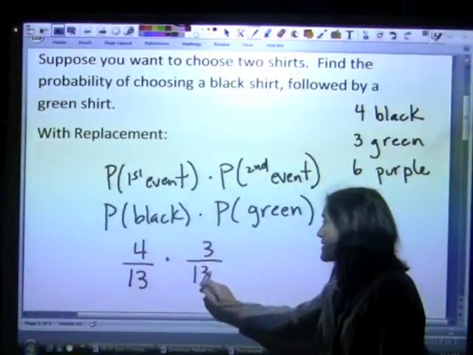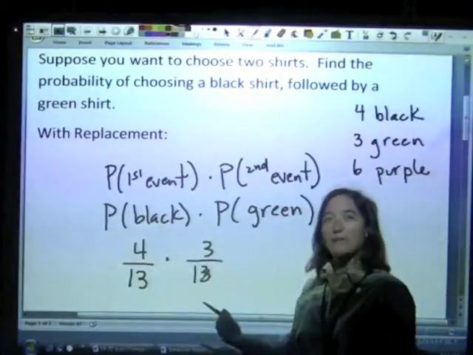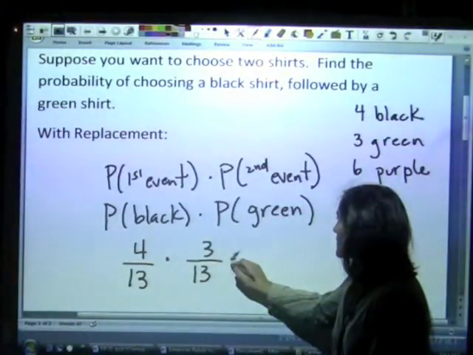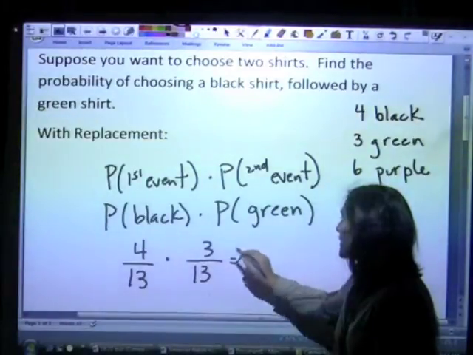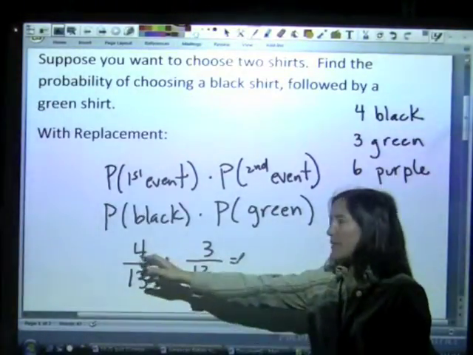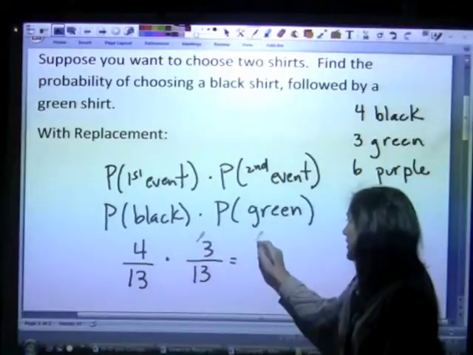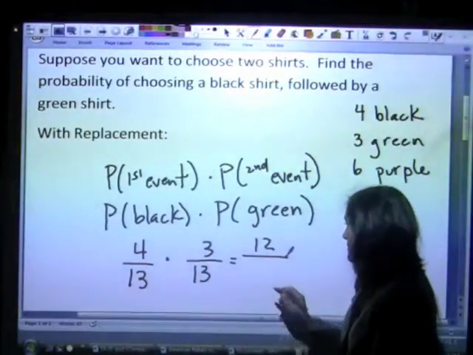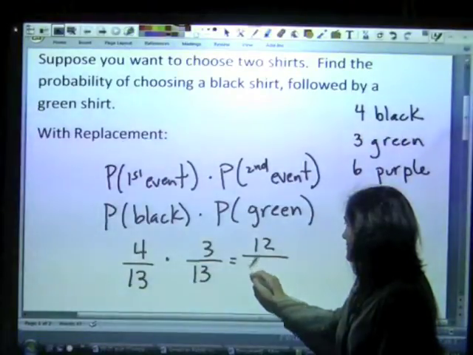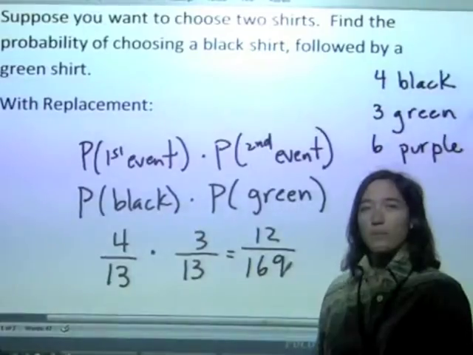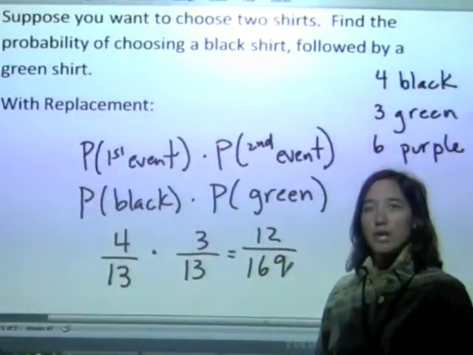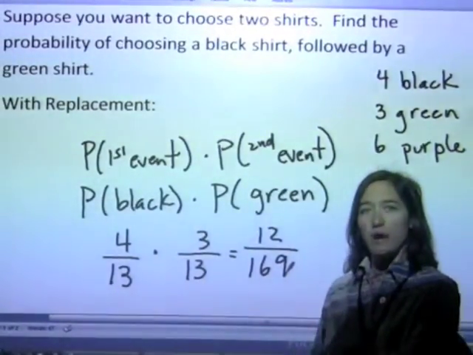And again, since I put that black shirt back, 13 is the total number of shirts. When multiplying fractions, you multiply the numerators and the denominators. So the probability is 12 out of 169 for the chance of choosing a black shirt followed by a green shirt with replacement.